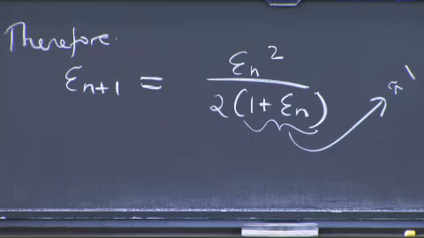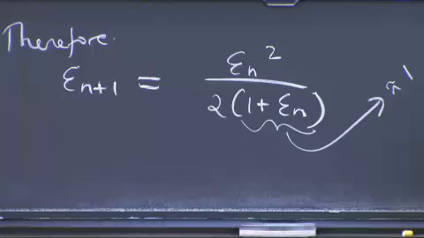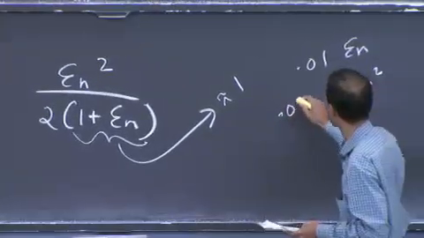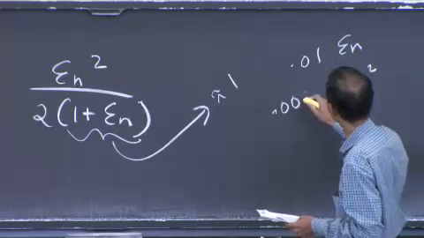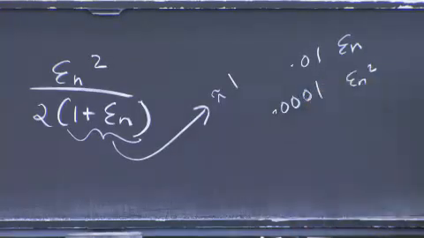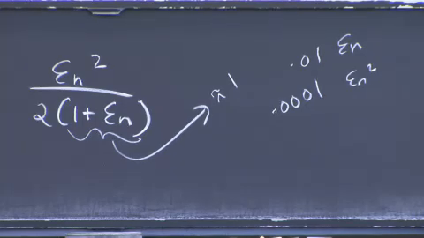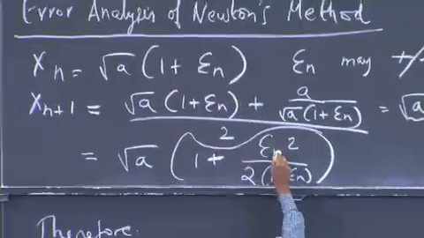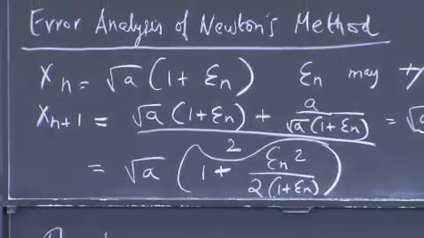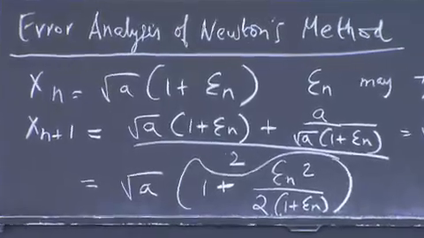And so if you have something like a 0.01 error at the beginning, epsilon n squared is going to be 0.0001. So that's where you get the quadratic rate of convergence. Okay? So it really comes from the relationship between epsilon n squared and epsilon n plus 1. Any questions about this?